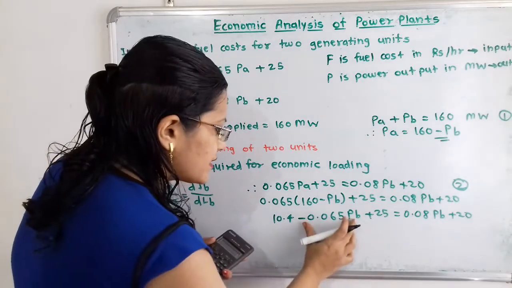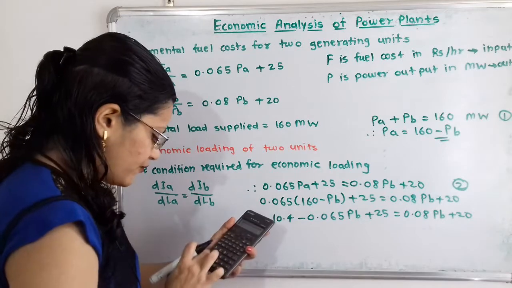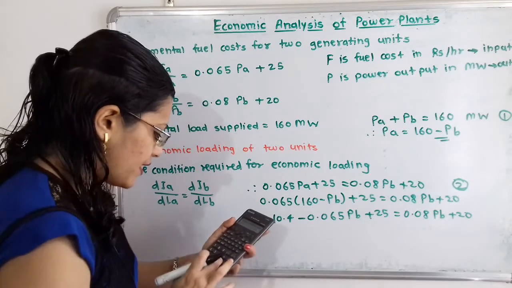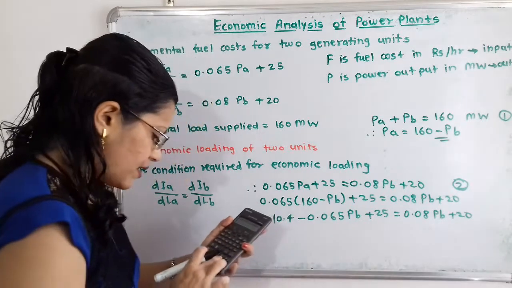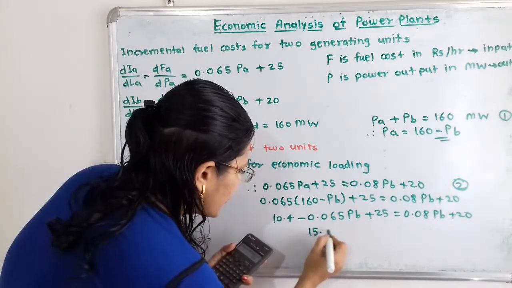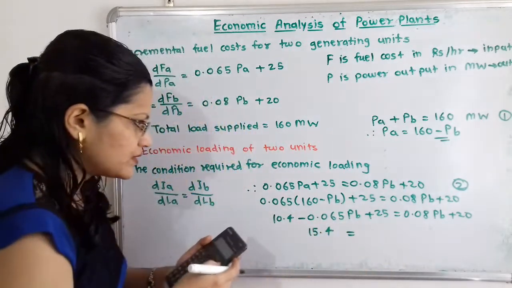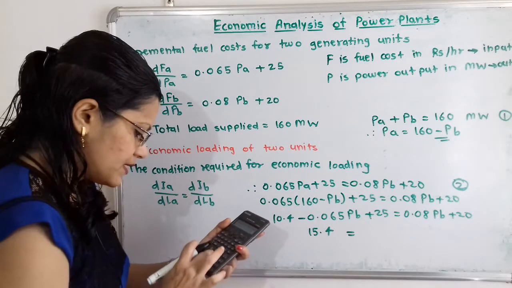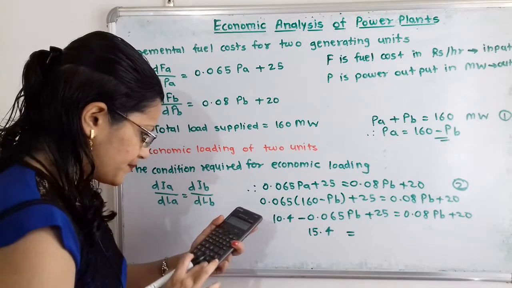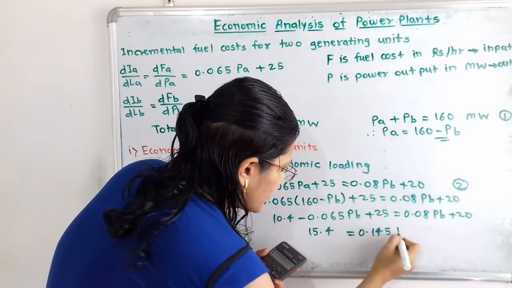Now we will take the PB terms to one side and all the other terms to the other side. So it will become 10.4 plus 25 minus 20, so it is 15.4. So 15.4 is equal to 0.08 plus 0.065, that is 0.145 PB.